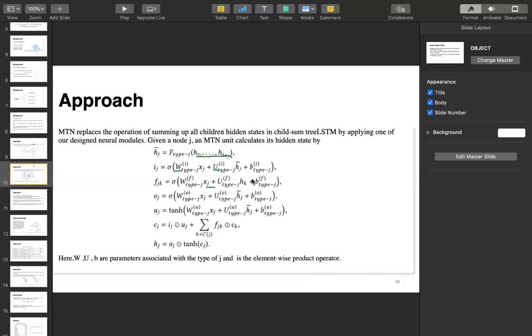Maybe I need to refer to the paper. Is it a type of input from the LSTM, like one of the gates? Maybe that is, but I somehow lose track. Can you enable me the annotation? Yeah.